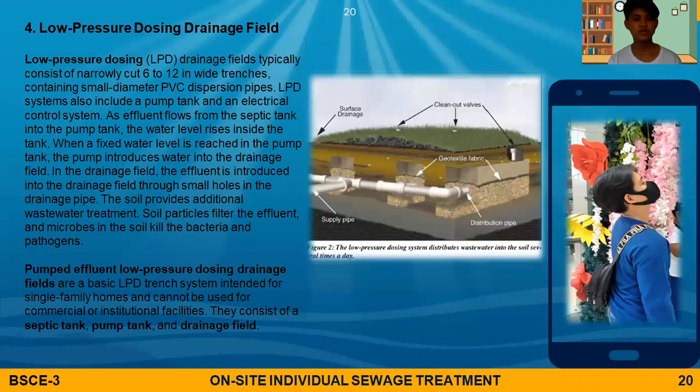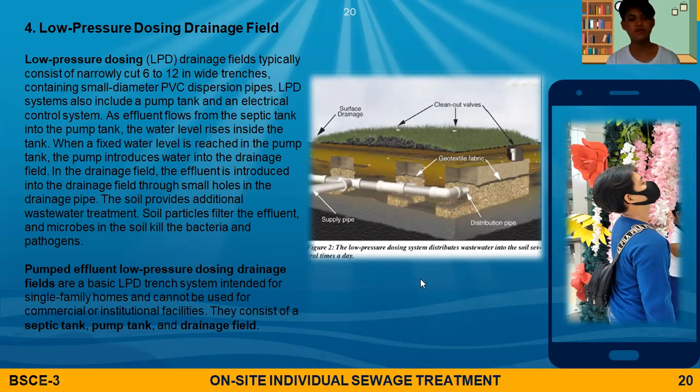Fourth is the low pressure dosing drainage field. Low pressure dosing drainage fields typically consist of narrowly cut 6 to 12 inch wide trenches containing small diameter PVC dispersion pipes. Low pressure dosing systems also include a pump tank and an electrical control system. As effluent flows from the septic tank into the pump tank, the water level rises inside the tank.